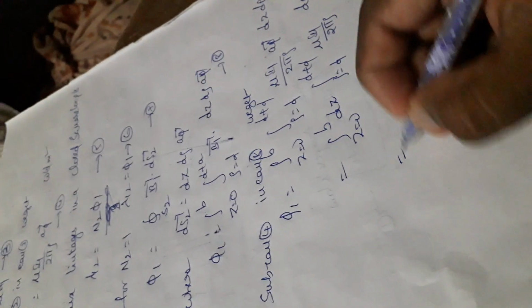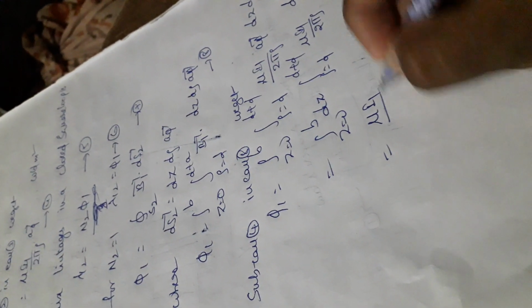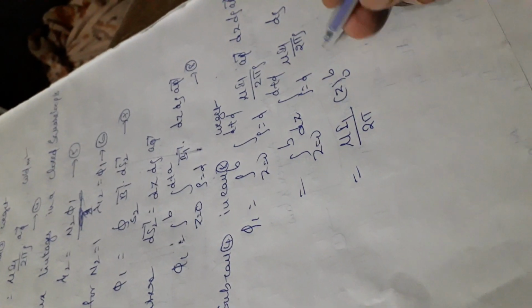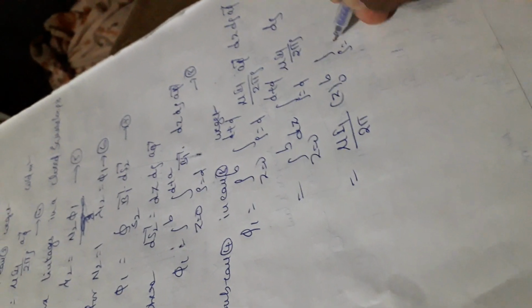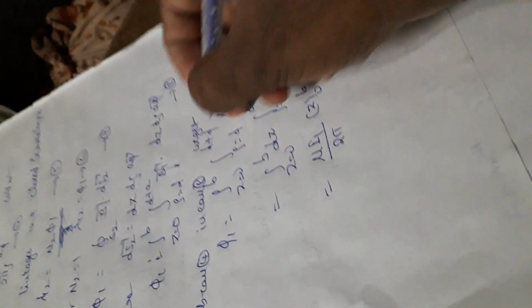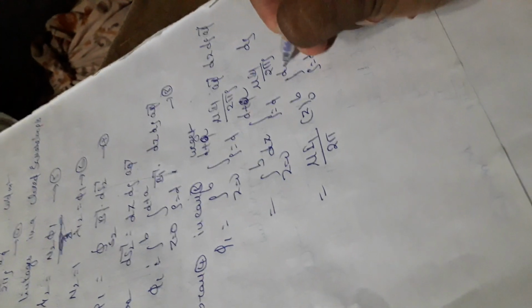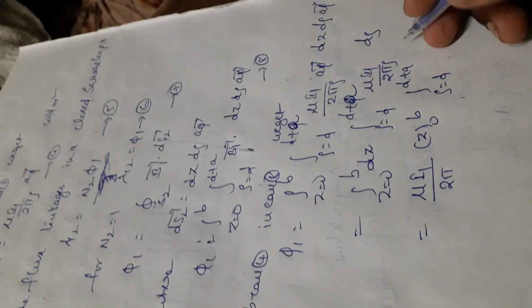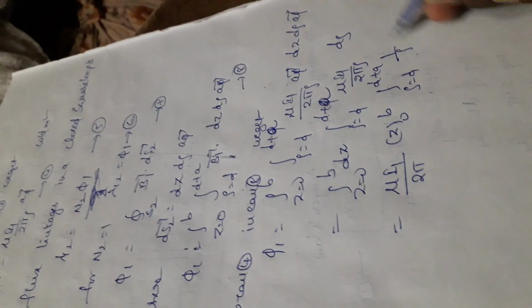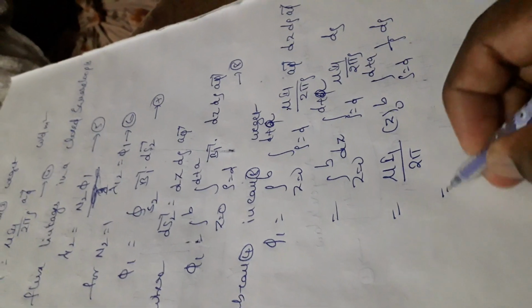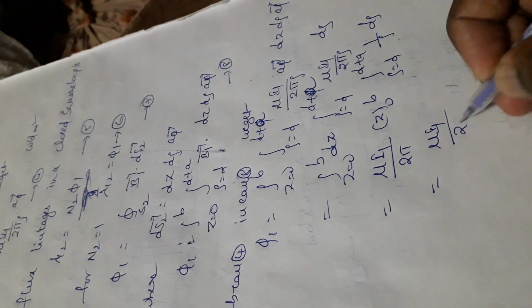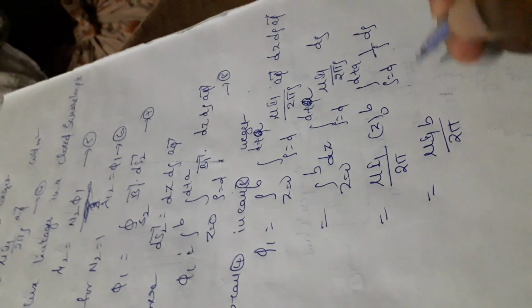So then from this, the constant values mu into I1 by 2 pi, integral dz from 0 to b, integral of 1 by rho from d to d plus a, 1 by rho d rho. So then mu into I1 by 2 pi into 0 to b means into b.